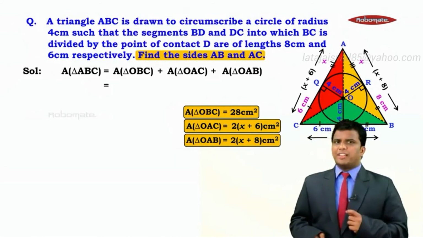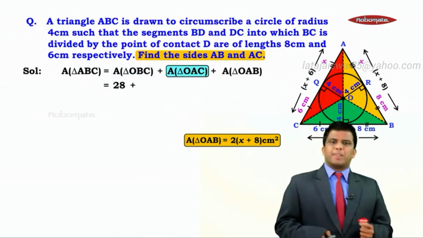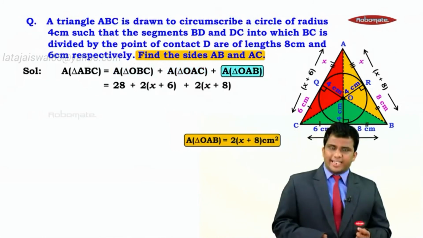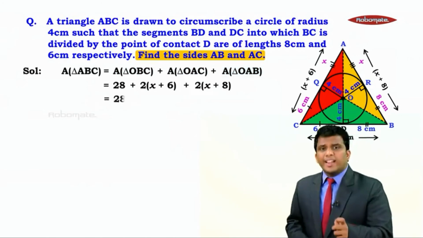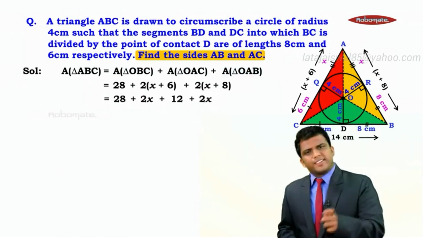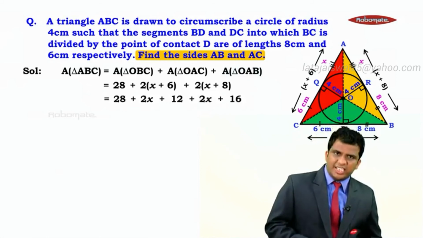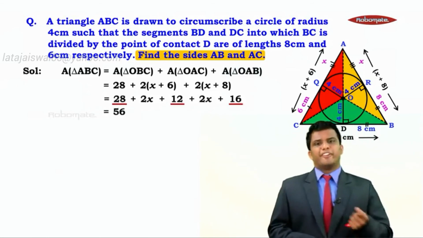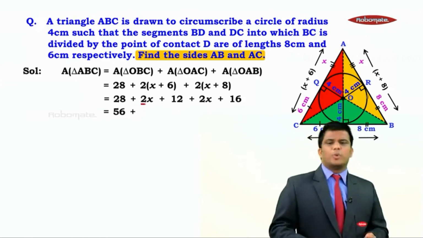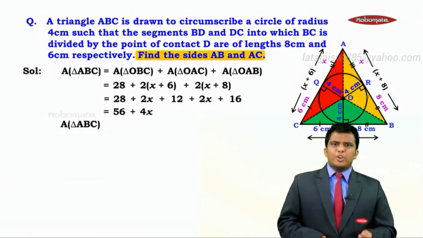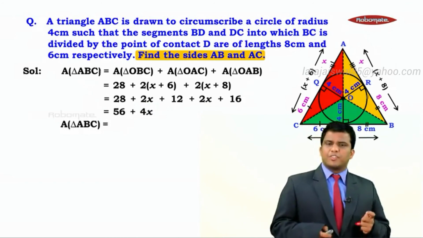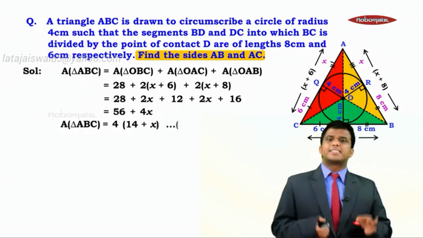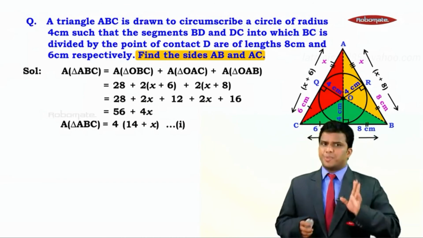On further substituting, we get 28 plus 2 times X plus 6 plus 2 times X plus 8, that's equal to 28 plus 2X plus 12 plus 2X plus 16. 28 plus 12 plus 16 gives you 56, plus 2X plus 2X, that is 4X. We can take 4 common. So area of triangle ABC is 4 times 14 plus X centimeters square. Let this be result number 1.